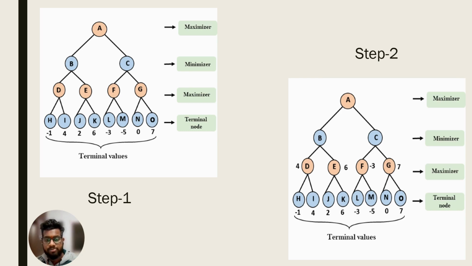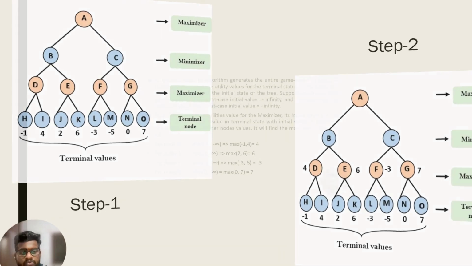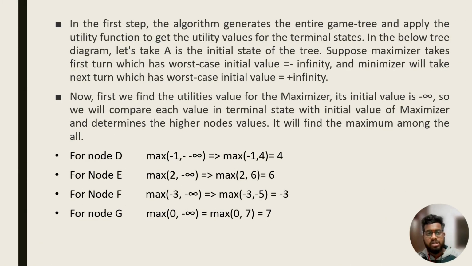As you can see in step 2, we have selected and given the values to nodes D, E, F, G respectively by choosing among H, I, J, K, L, M, N, O. In the first step, the algorithm generates the entire game tree and applies the utility function to get the utility value for the terminal states in the boxes below the tree diagram.